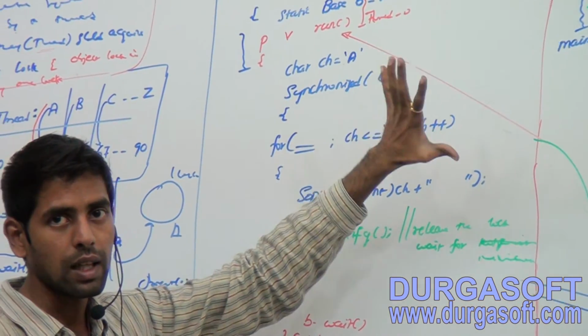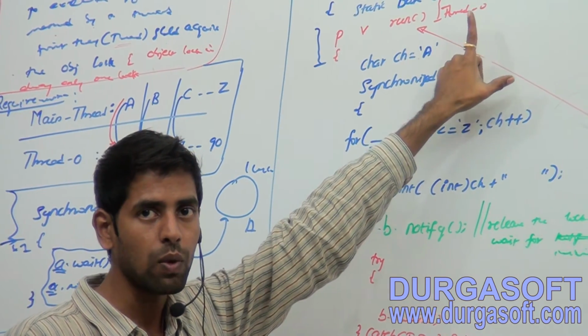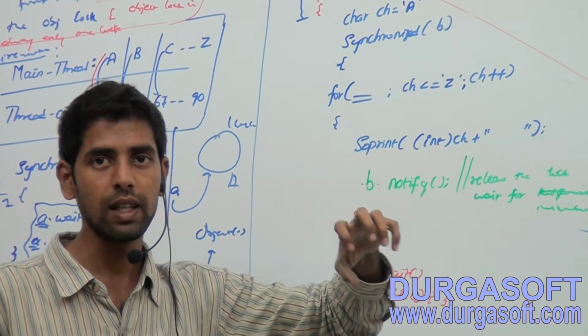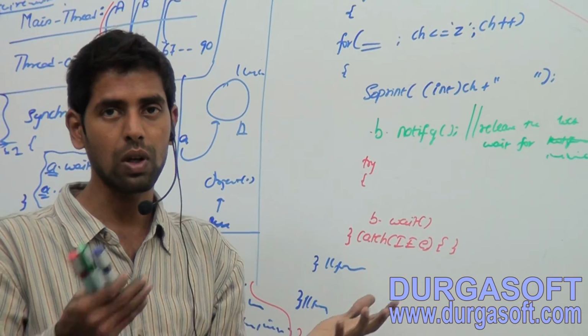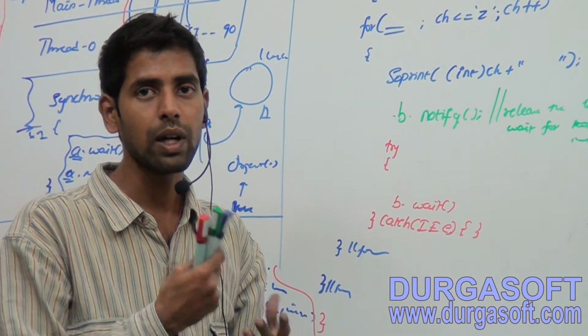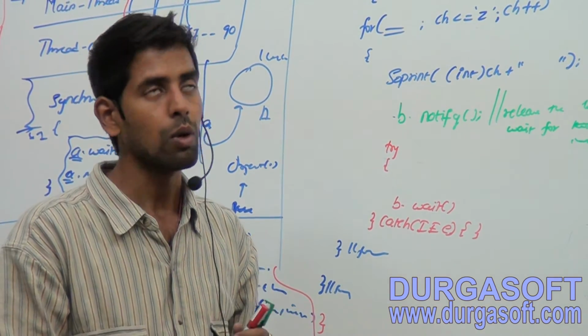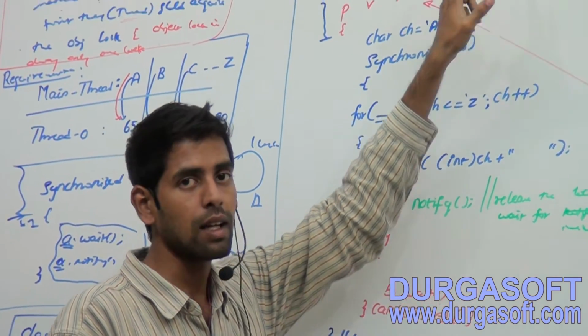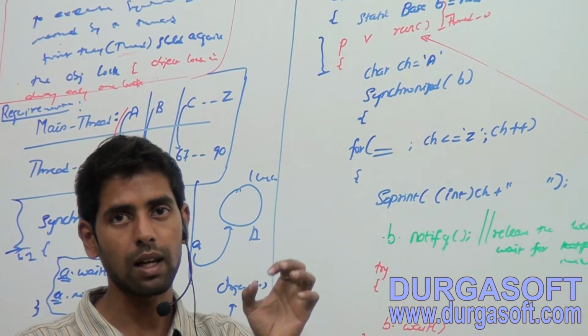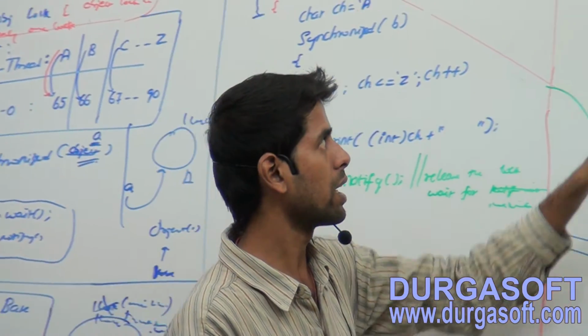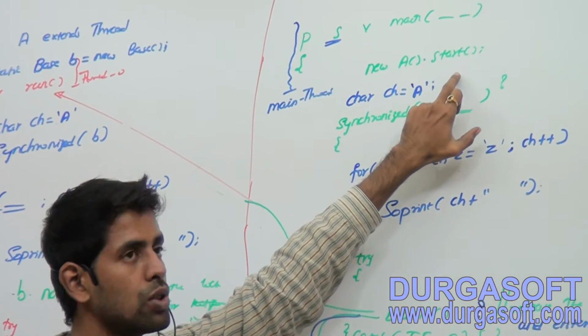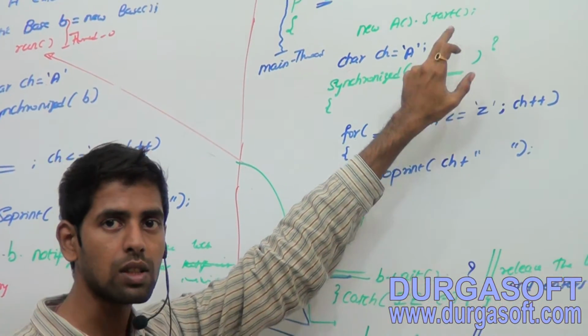So to start a thread, first you have to create the thread, and you have to start that thread. How to create and start a thread? In two ways you can do it, by extending the Thread class and by implementing the Runnable interface. So I have created that instance and I have started the thread by using the start method.